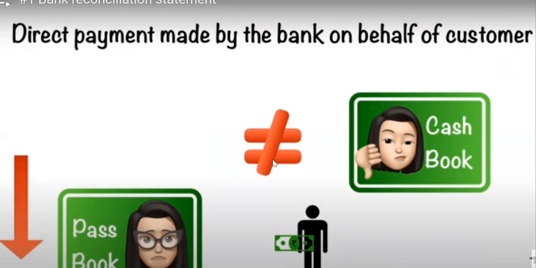I'll give one example: an insurance premium paid directly with the help of the bank. So our bank passbook will decrease. We paid something through the bank, so the bank passbook will decrease. At the same time, the cash book balance remains the same, no changes there.